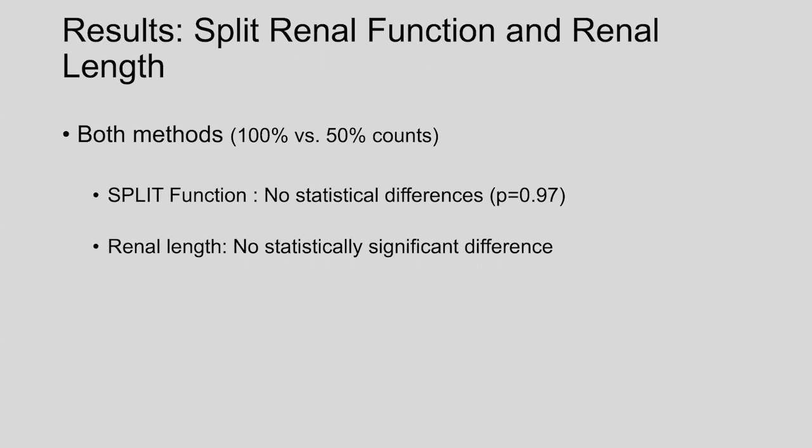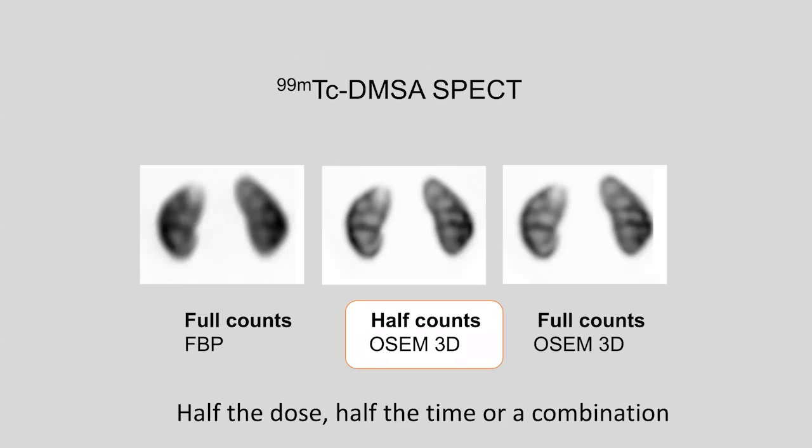Here is an example where the patient has a SPECT using the full counts, and you can see there is a defect in the upper pole, and the right kidney appears relatively normal.